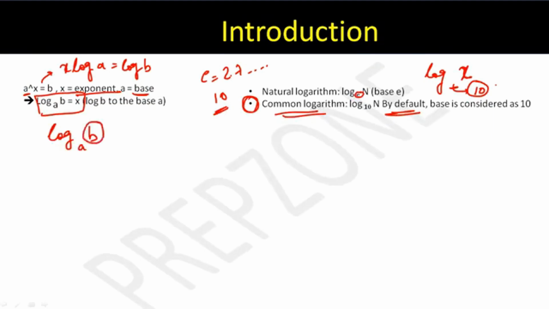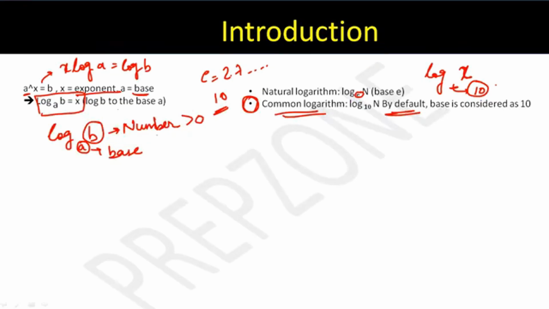One is called the number, and the second is called the base. This is the base and this is the number. So guys, this number has to be always positive. We are talking about the domain of the logarithm function. Please pay attention. Such questions come in as a part of quadratic equations.